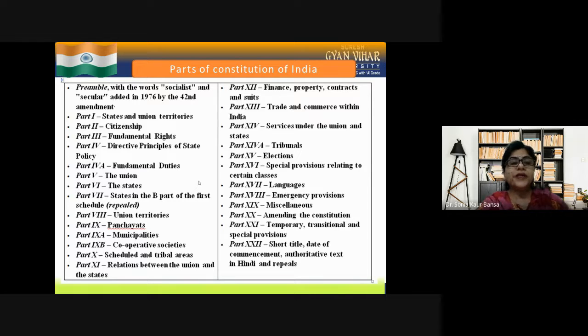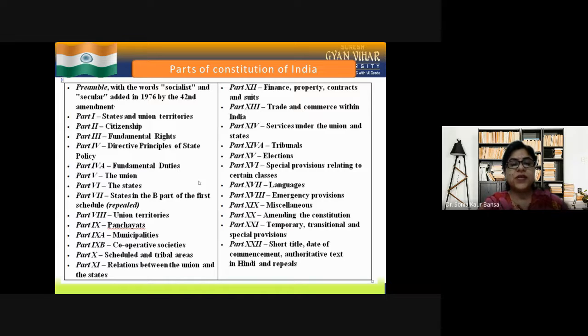Part 1 deals with states and union territories. Part 2 is about citizenship. Part 3, fundamental rights. Part 4, Directive Principles of State Policy. Part 4A, Fundamental Duties. Part 5 is about the Union. Part 6, the States.